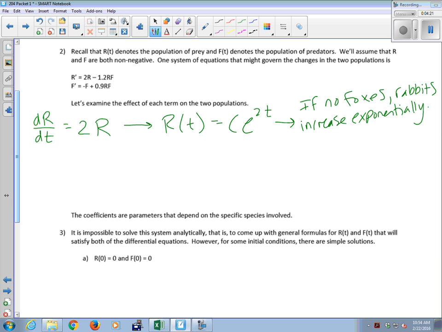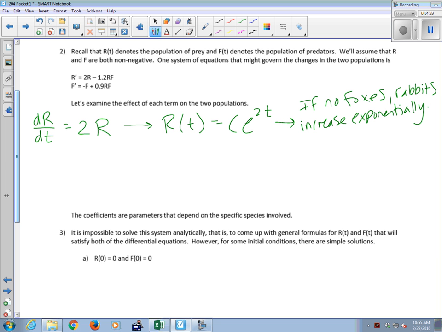This is the Malthusian model, when a population's growth rate is proportional to the size of the population. When we solve it by separation of variables, it has e in it. It solves to an exponential.